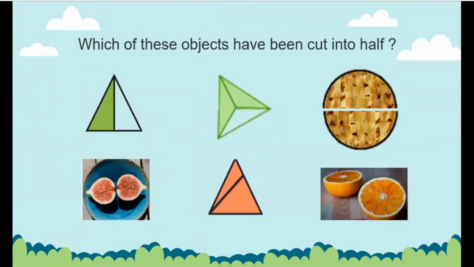Which of these objects have been cut into half? Have a look at these pictures. Which of these objects have been cut into half? Remember, an object has been cut into half if there are two equal pieces. You can pause the video to discuss it with someone.